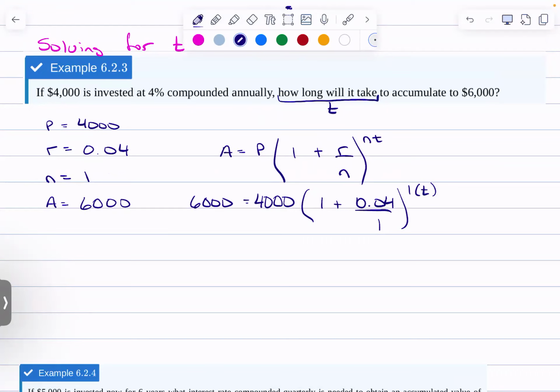We can still simplify inside the brackets, but you can see the problem is that the T is in the exponent. Right? Now, you might remember something about how do I bring exponents downstairs? How do you bring exponents downstairs? Could use logs, right?